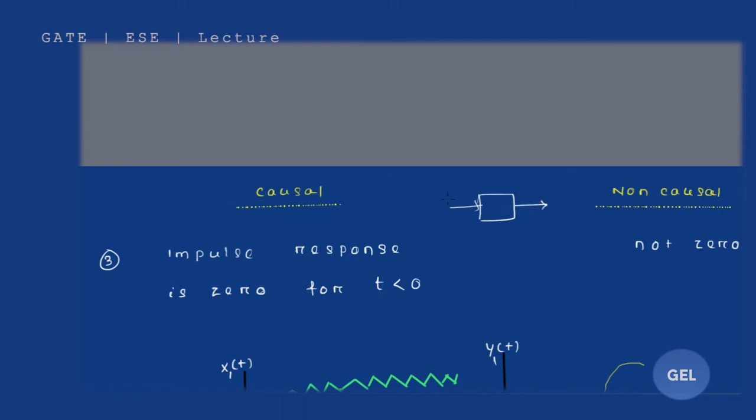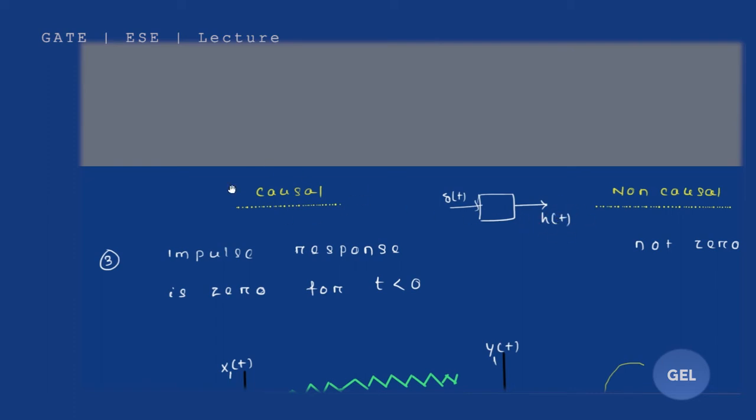If your excitation is an impulse, then the response is regarded as the impulse response. That means it is the response to an impulse input, which is why we call it the impulse response.